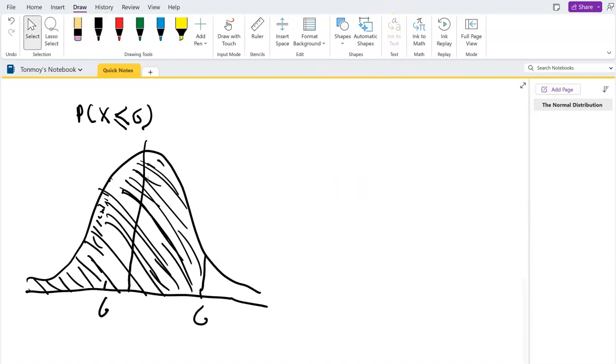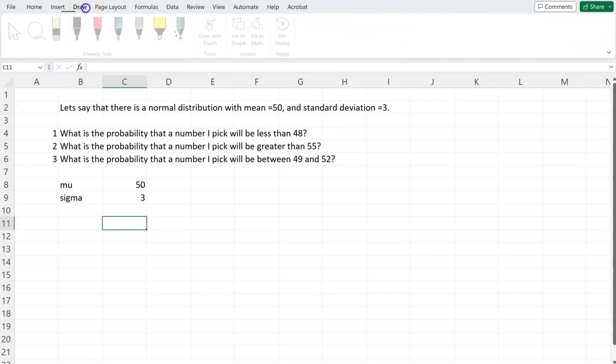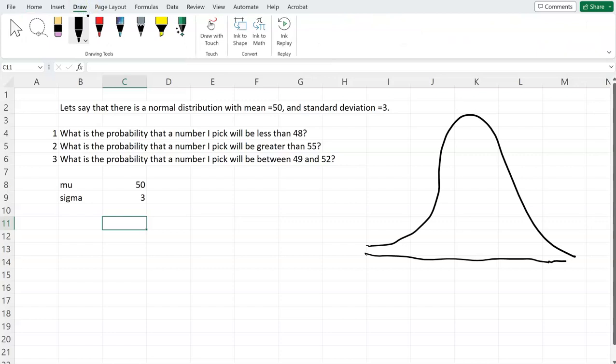So if I go back to this example here, for the first question, what is the probability that I pick a number that will be less than 48? If I draw my normal distribution here, I know it's not the nicest normal distribution, but this will do.